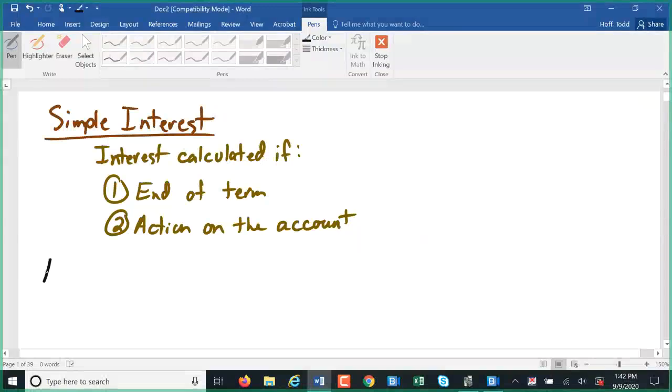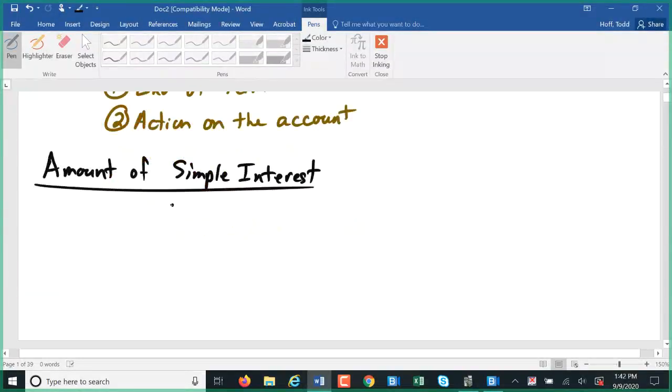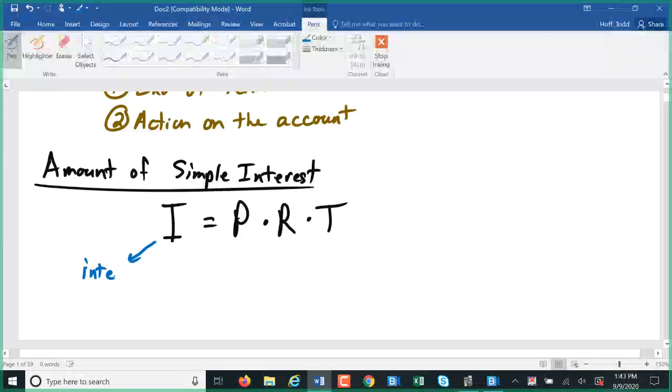So to find the amount of simple interest, our formula is I equals P times R times T, where I is the dollar amount of simple interest. P is principal.